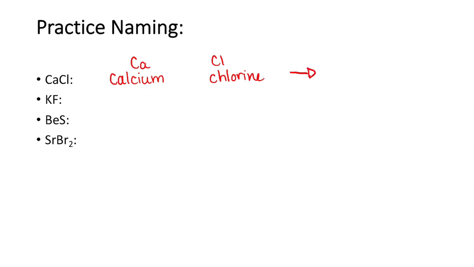So we're going to put these together, change the ending to calcium chloride. Okay, really important, change the ending. So go through, pause here if you need to. This is also in your notes, but you should be able to complete these examples. I will have answers posted after.